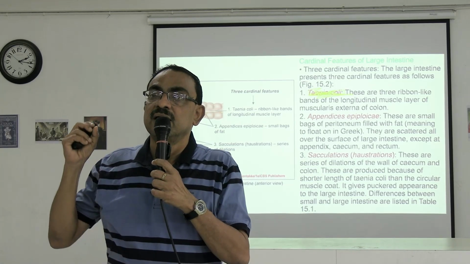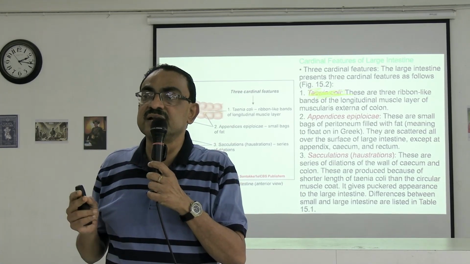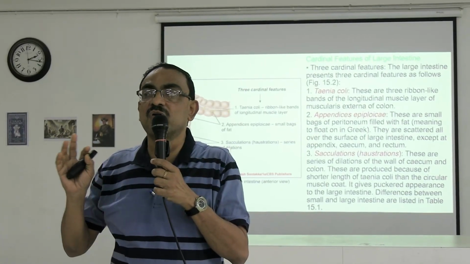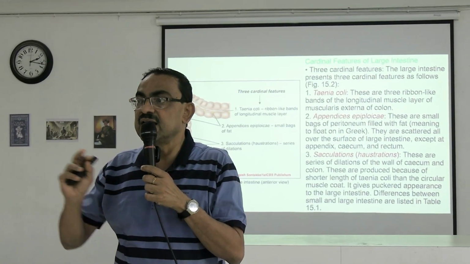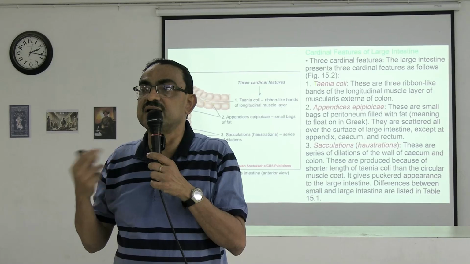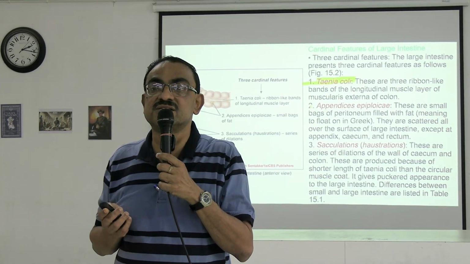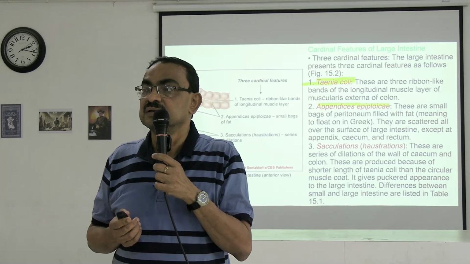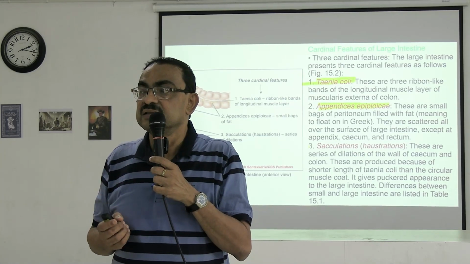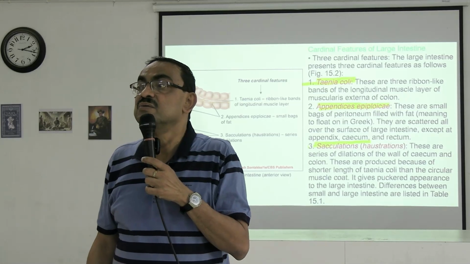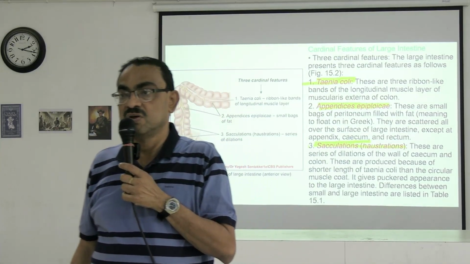In the gastrointestinal tract, we generally get 4 layers from outside to inside: the serous or peritoneal layer, then the muscular layer, then the submucous layer, and most inside the mucosal layer.